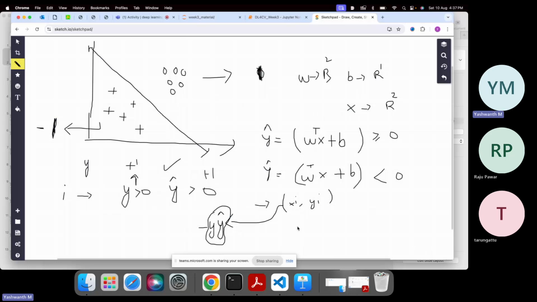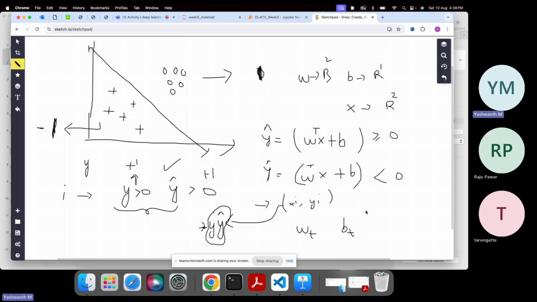At time t we got this example, and our weights are wt and bt. If wt and bt classify it correctly, this product will be positive. Then we don't need to update wt and bt, so for the next time step we keep the same values.